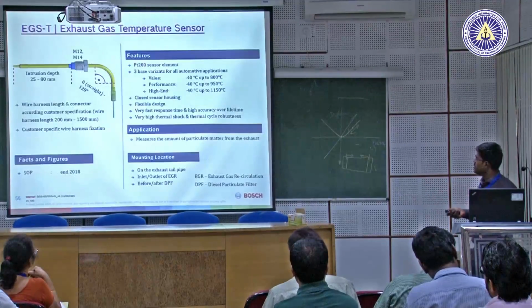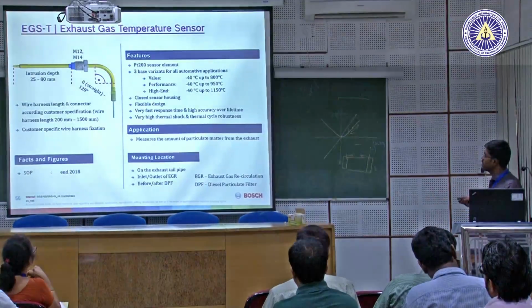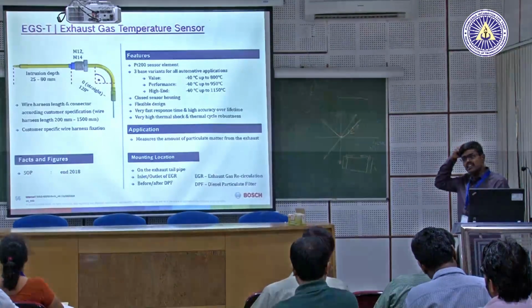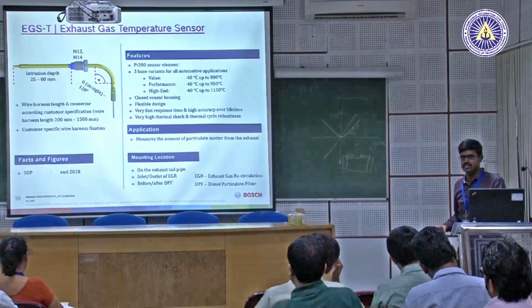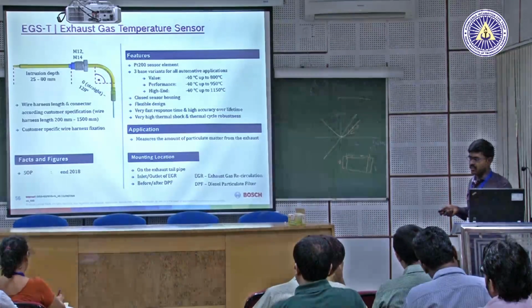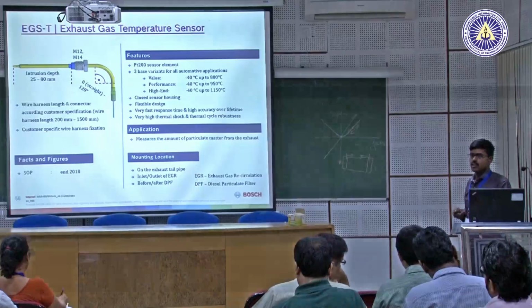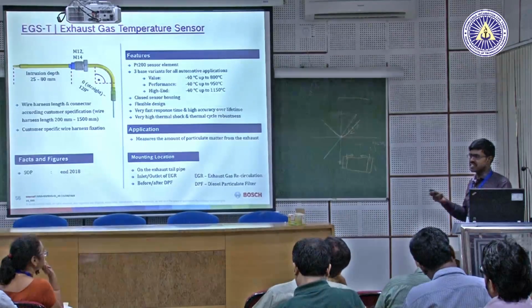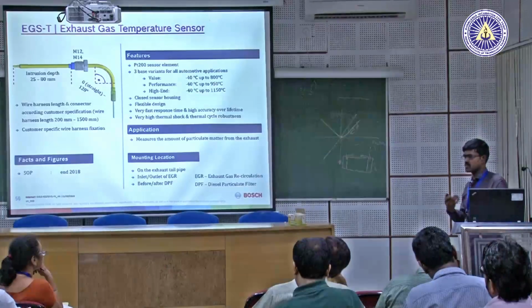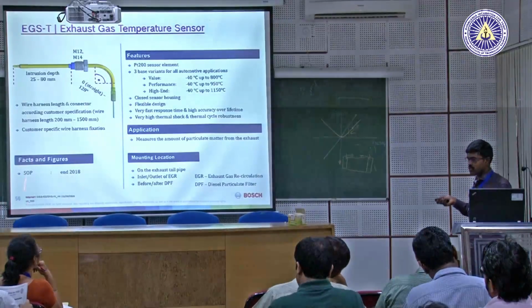One more last sensor: the exhaust gas temperature sensor. We have talked about coolant and water temperature sensors in our powertrain sensors, but there is a need for one in the exhaust layout also, to know the temperature of the exhaust output. You have to control that also.